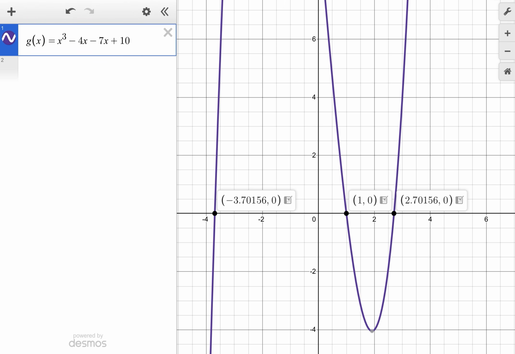True, the y coordinates of all these points are 0. That doesn't mean that 0 is the answer, because to have an x-intercept in the first place, your y coordinate has to be 0. So make sure you're looking at the correct coordinate: the x coordinate, not the y.